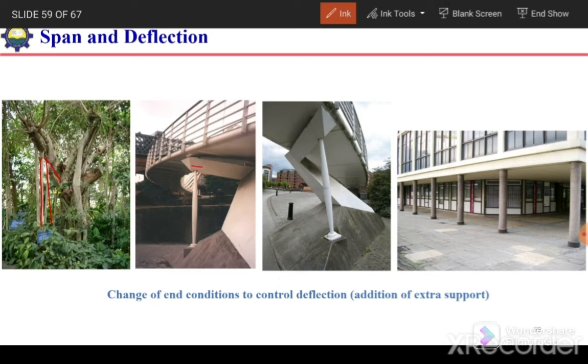Similarly here, to keep the deflection of this cantilever portion within allowable limits, we can add this support. This support will change the end condition, and as a result the bending moment will change and the deflection will reduce. Here again we have added some support, and here we also have added some support to limit the deflections.